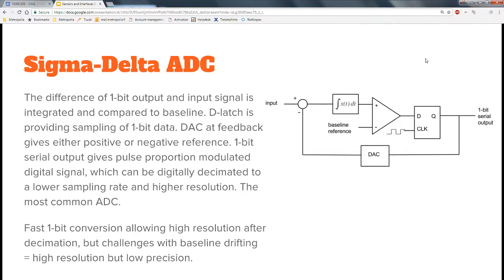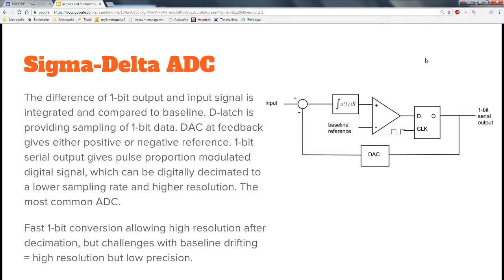Decimation means getting more bits of data by running an integral or sum of it, and that also lowers the sampling rate. So the initial sampling rate is very high, but by decimation you can have more resolution when you just have less frequent samples. So by making the final sampling rate lower, you can actually increase the resolution.